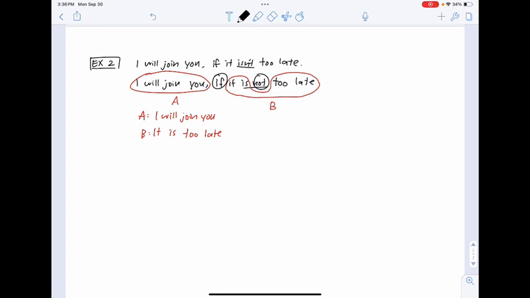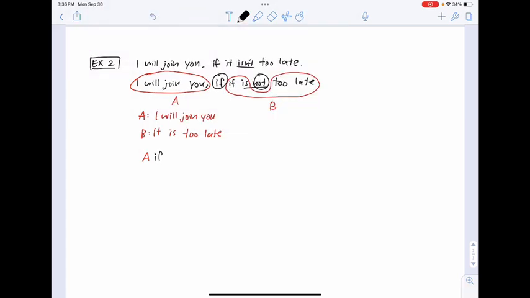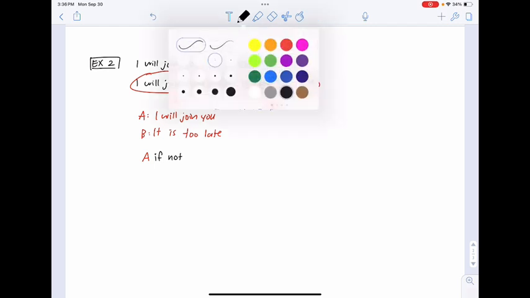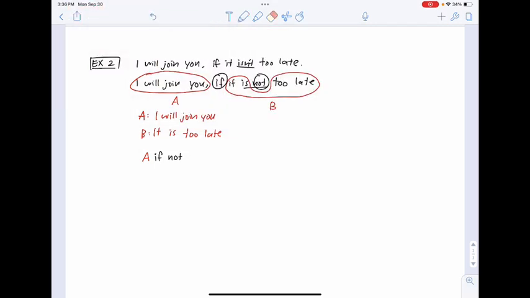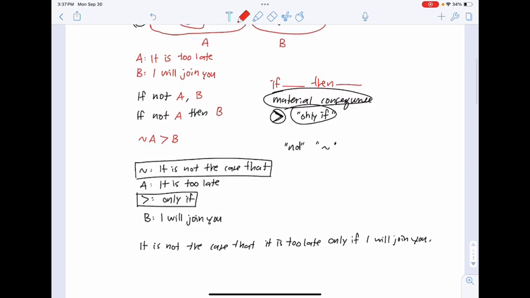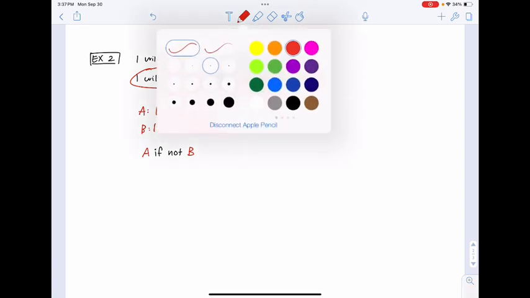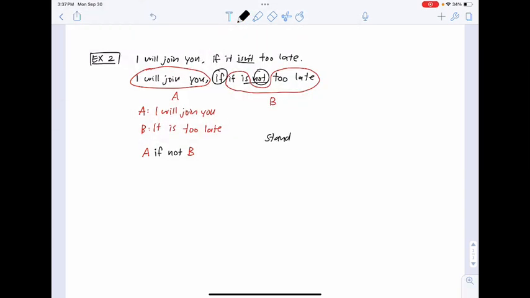And then substituting A and B, it's going to look like, yeah, if not B. Okay, and if you see here, the form we want it to be is standard form.